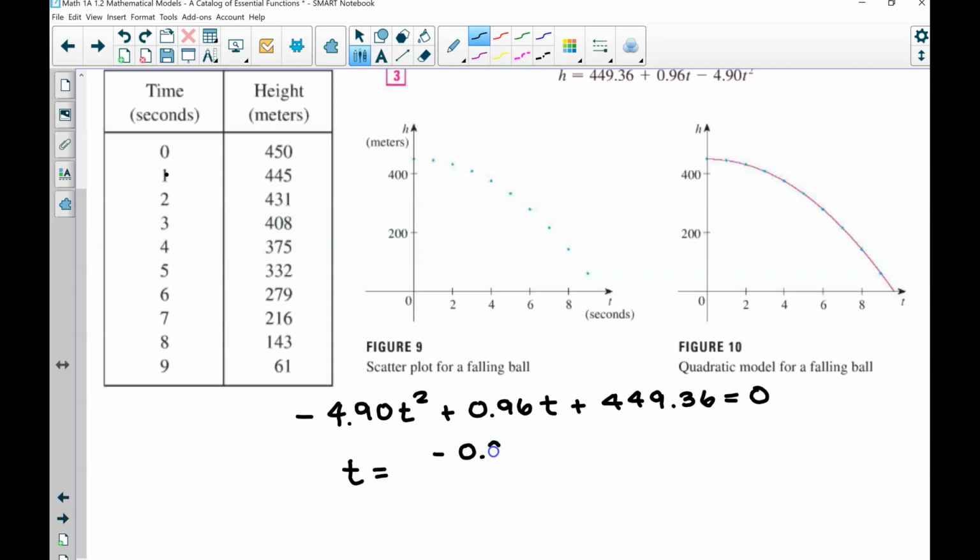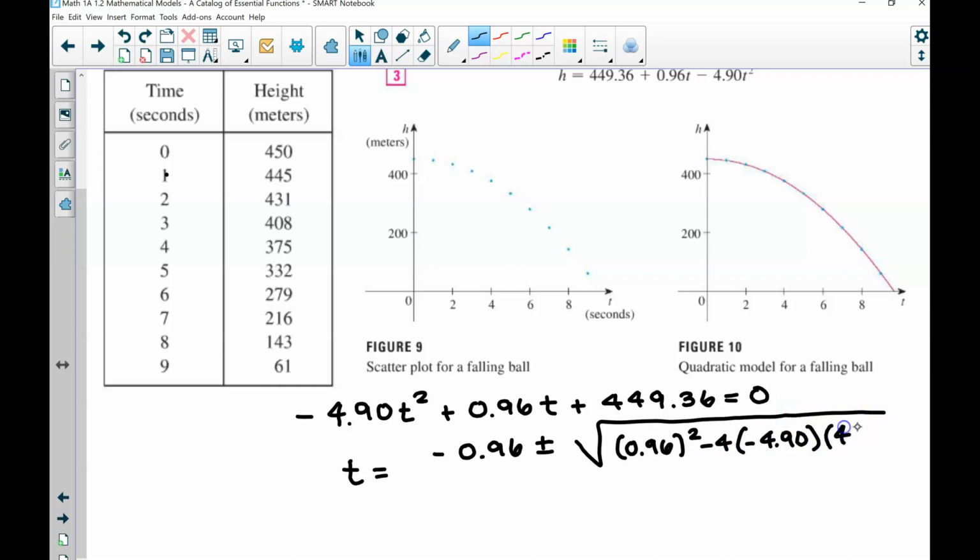So we'd have negative 0.96 plus or minus the square root of 0.96 squared minus 4 times negative 4.90 times 449.36, and then divide that by 2 times negative 4.90.